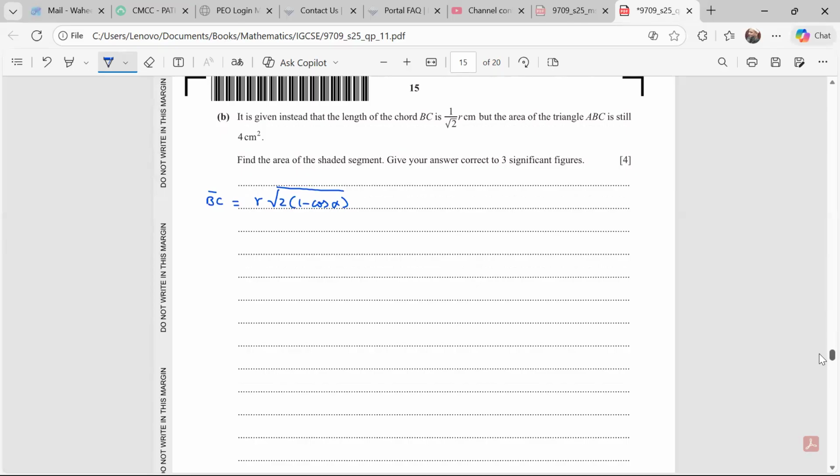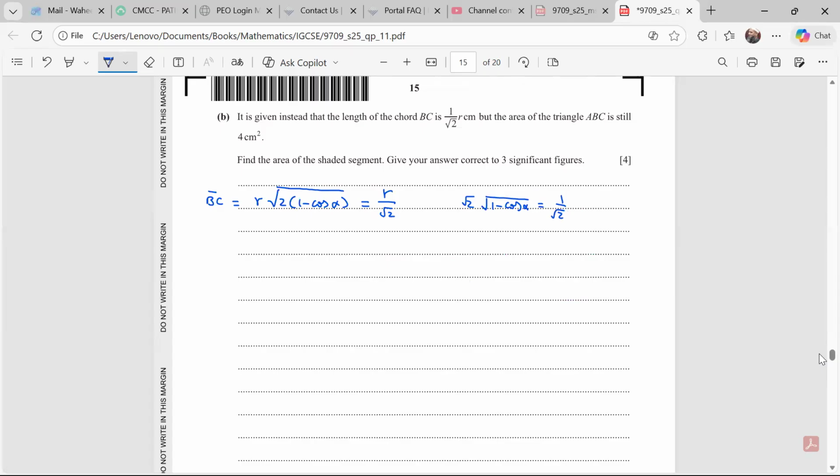Now this length is given as r over under the root 2, and the area of the triangle is still 4 centimeters square. Now we need to find the area of the shaded region. So what can we do? Here r will cancel with this r. So I will have under root 2 under root 1 minus cos alpha equal to 1 over under root 2.